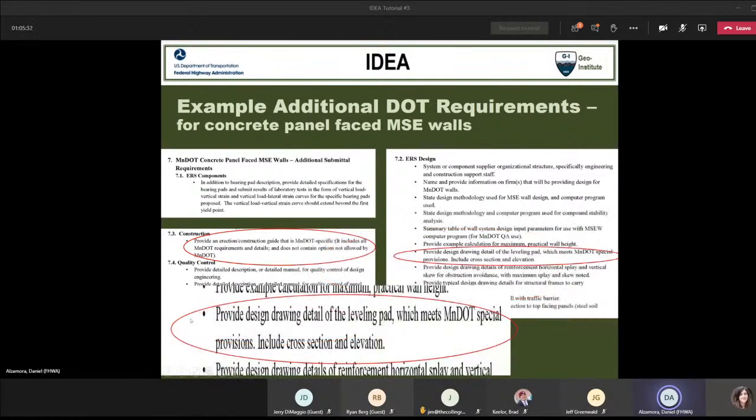Another one would be to provide design drawings detail of the leveling pad, which meets Minnesota DOT special provisions. Again, that would be very specific to the Minnesota DOT, would not be covered in the IDEA evaluation, and would need to be submitted in addition to the evaluation.